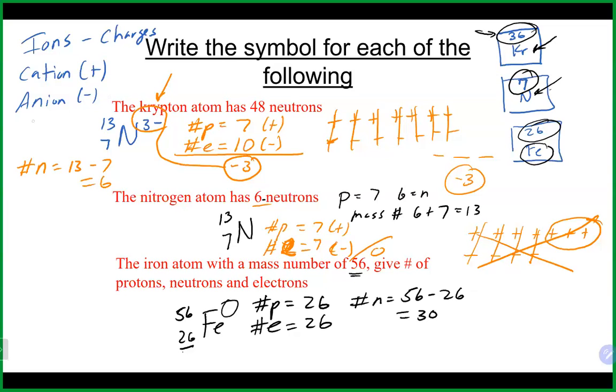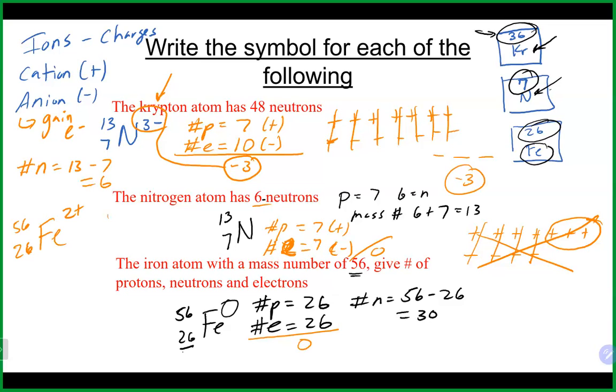This is an anion, which is made by gaining electrons. Now, if we took the iron on the bottom, and here we already saw it has no charge, it will have 26 protons and 26 electrons to balance out the charge. If we took the same sort of guy here, 56, 26, and let's give this guy a +2 charge.